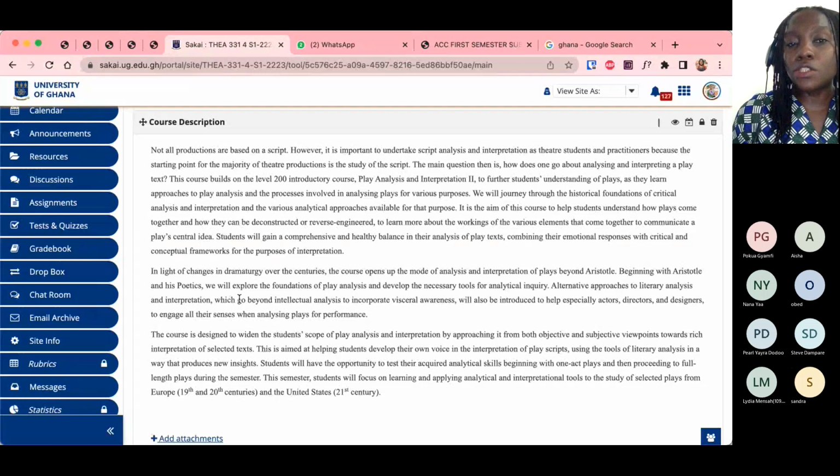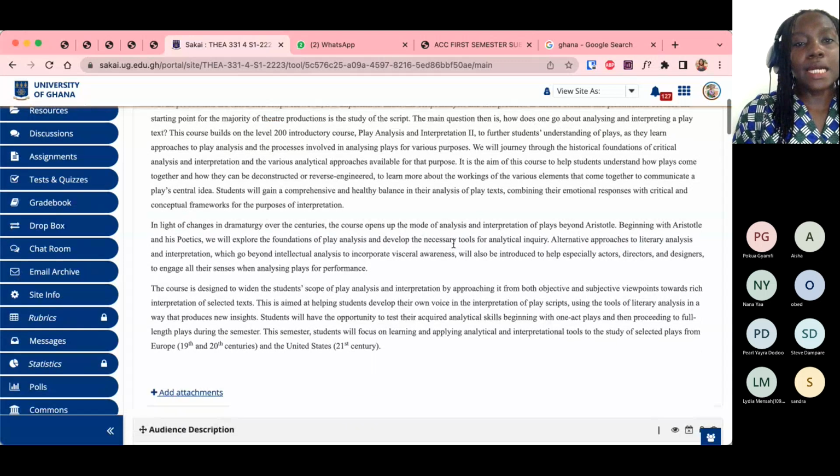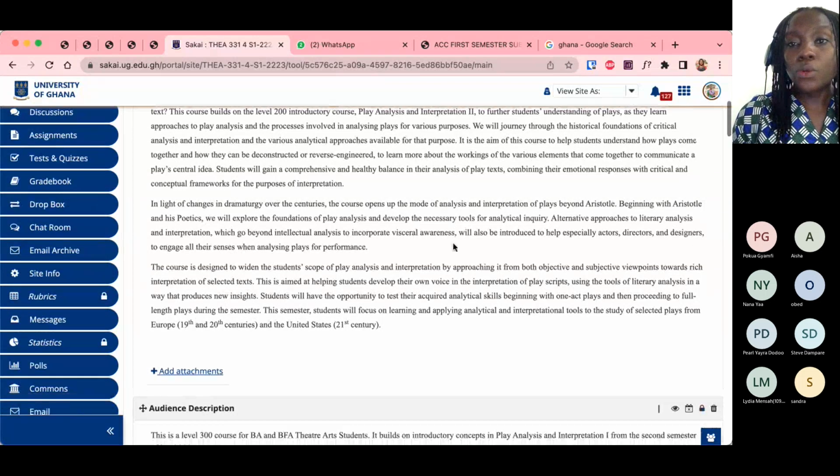This course builds on the level 200 introductory course, Play Analysis and Interpretation 1, to further students' understanding of plays as they learn approaches to play analysis and the processes involved in analyzing plays for various purposes.